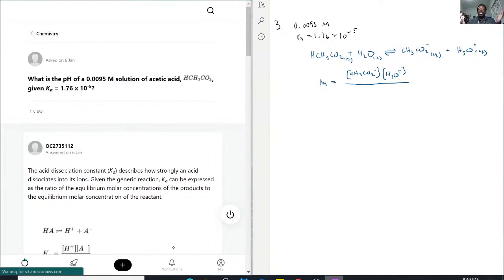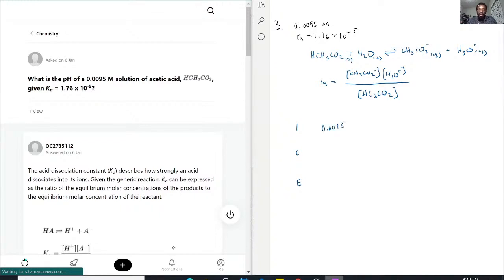We don't include the liquid, which is water in this case. In this case, that's just going to be HCH3CO2. Okay? So that's what we have here. And in order to solve for the H3O, that's where we need the ICE table, which stands for initial, change, and equilibrium.